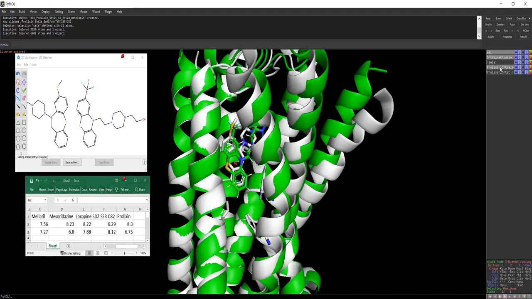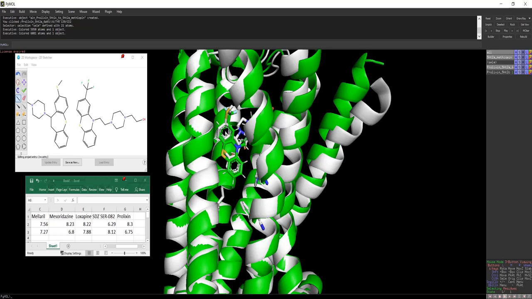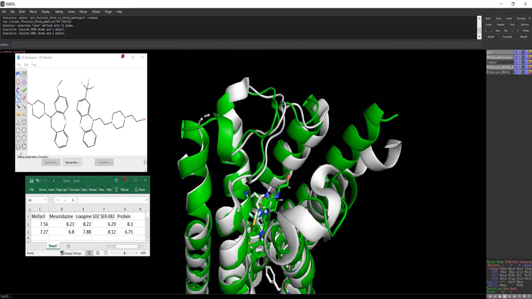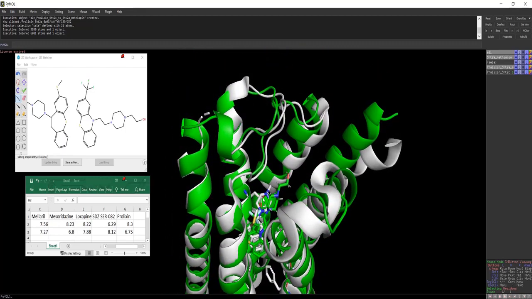Now, if we put here the dot structure of Prolixin bound to 5-HT2A, we can see that it binds quite similar to methiopeptine. Again, you have the proper interactions here with the toggle switch, and the nitrogen here is in the proper position to form a salt bridge with aspartic acid.